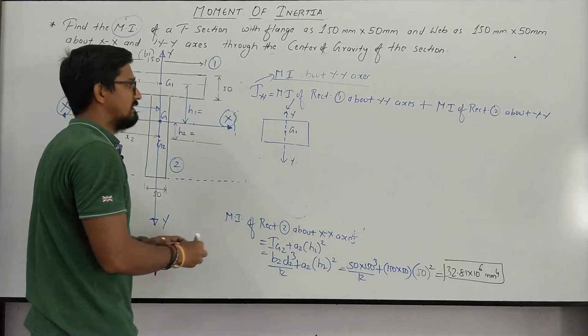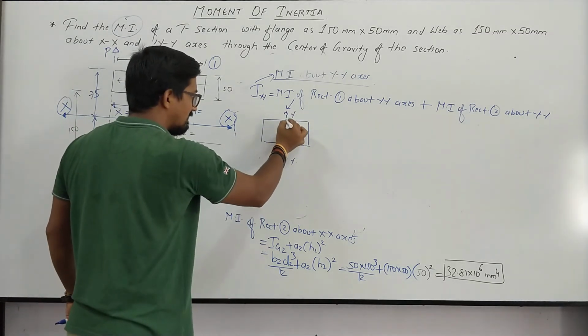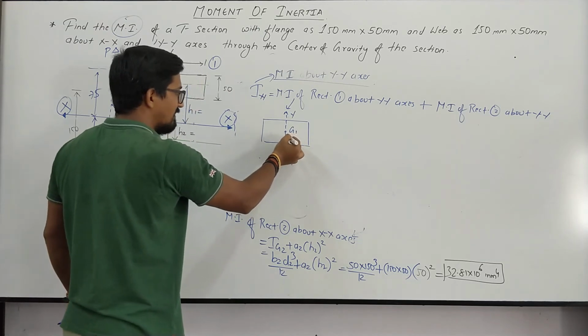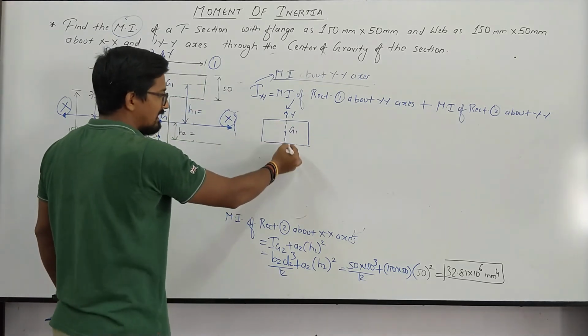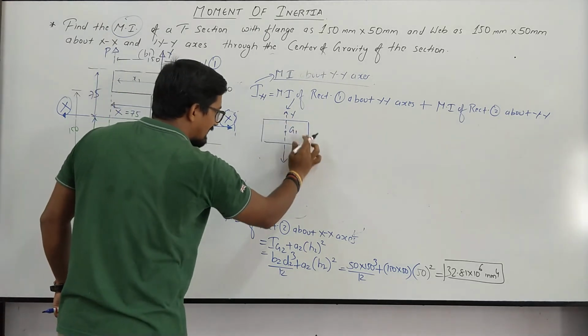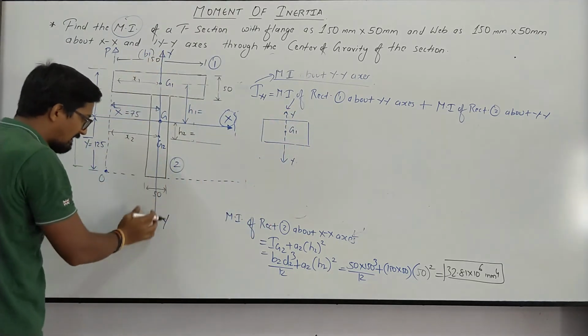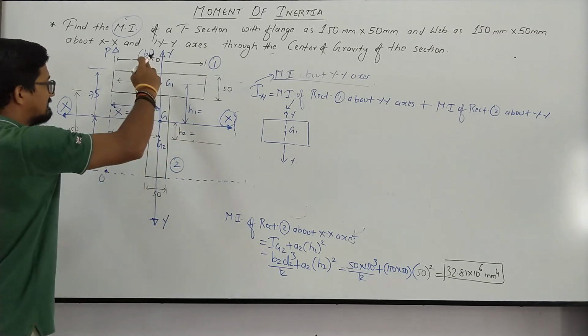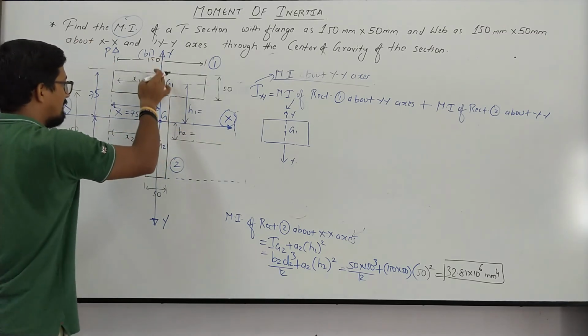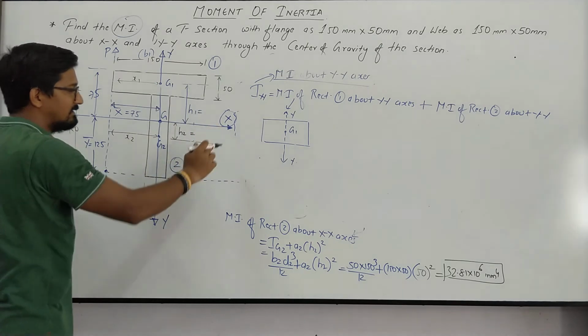So you can see here that this rectangle's IG1, or you can say this rectangle's Iyy, is coinciding with the y axis. Our y axis of the whole section is coinciding with the y of this rectangle, correct?